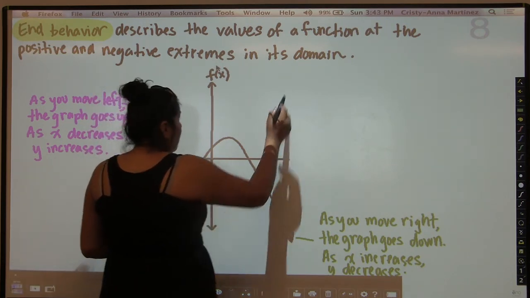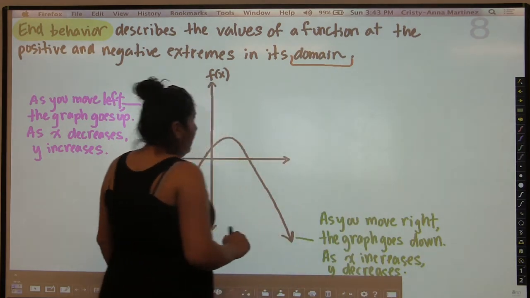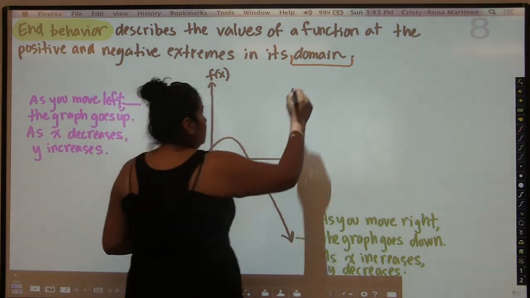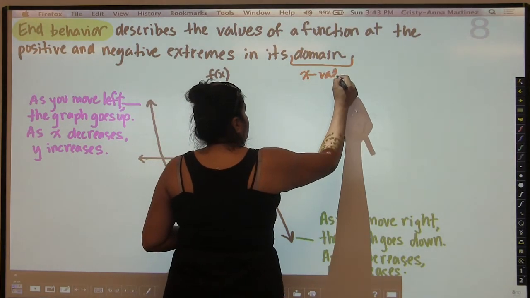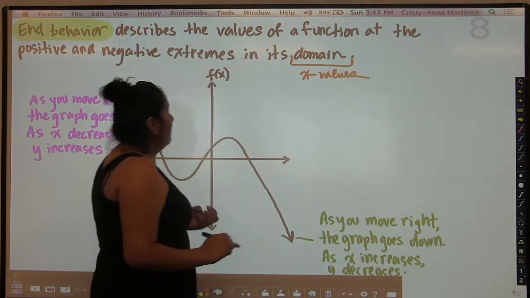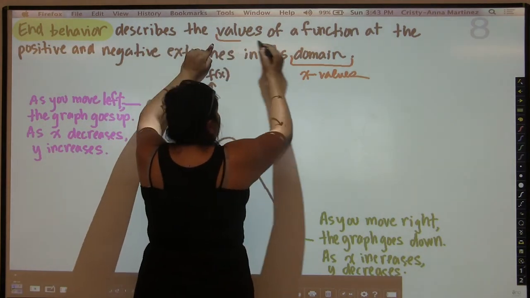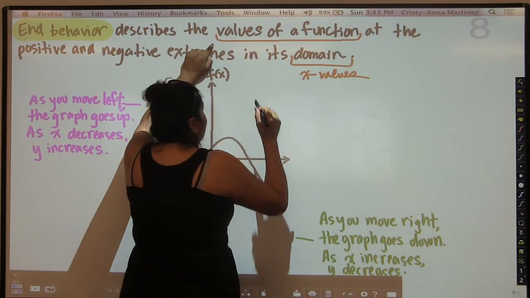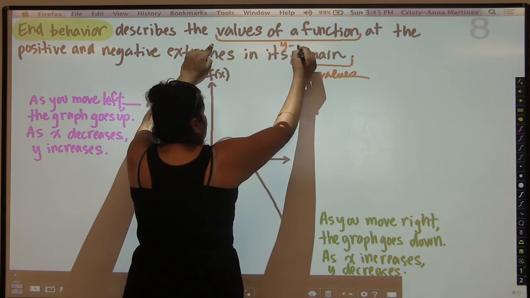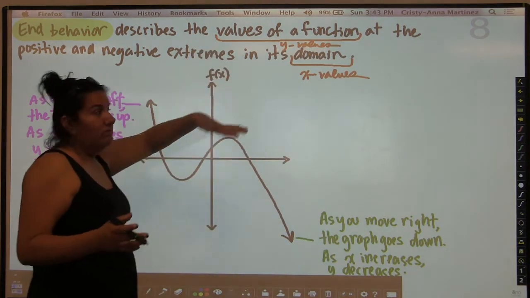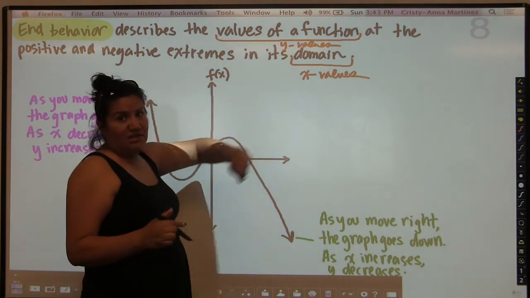And this can become somewhat complicated because you'll remember before we talked about domain and range, and domain is all about the x. So when we talk about end behavior, it's describing the values of the function. That's literally what the y values are. The value of the function is the y value. The domain of the function is the x value.